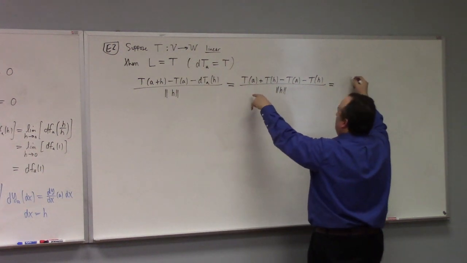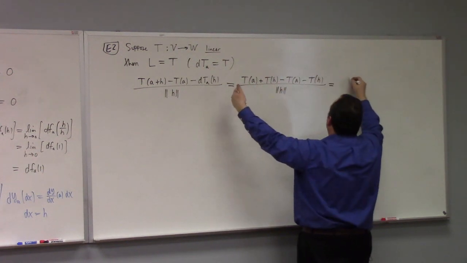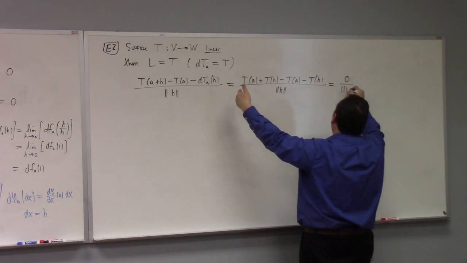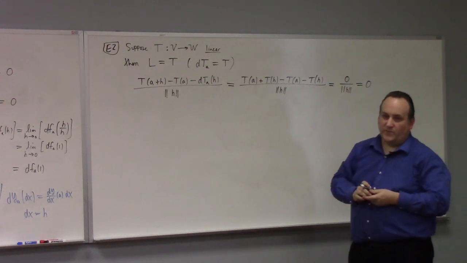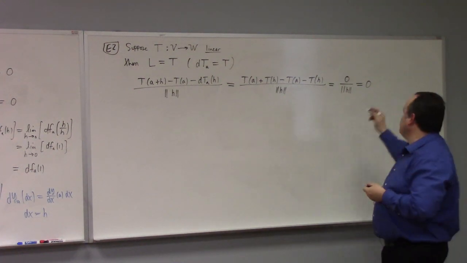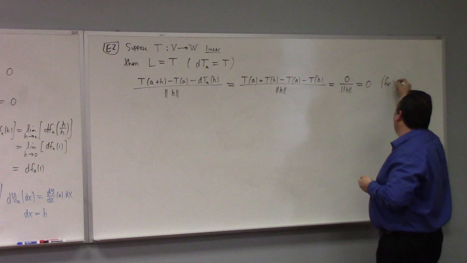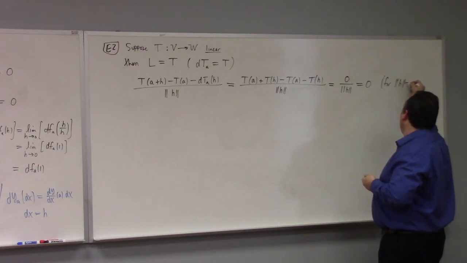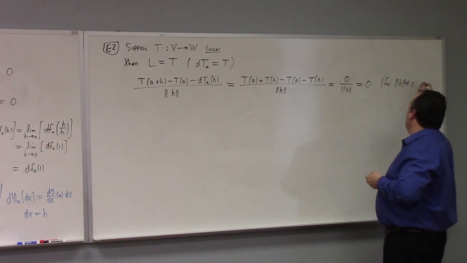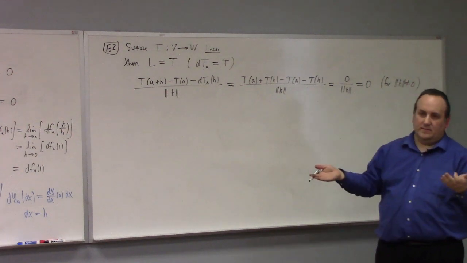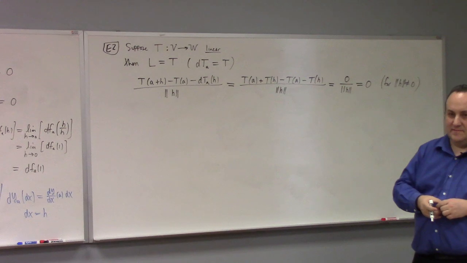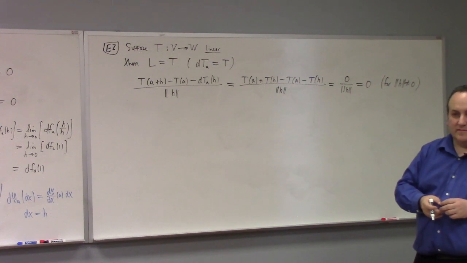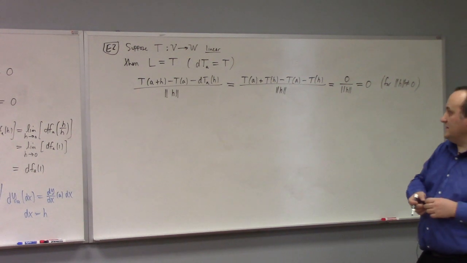This is just what? 0 divided by norm h. So that's straight up 0 for norm h not equal to 0, right? So yeah, if you have a function which is linear, the best linear approximation is itself. Or in other words, the derivative of a linear function is the linear function again.